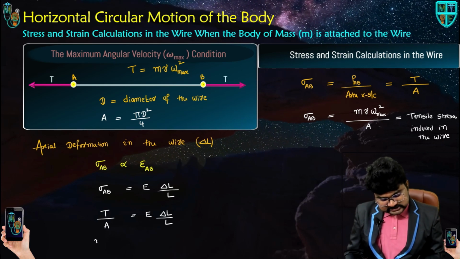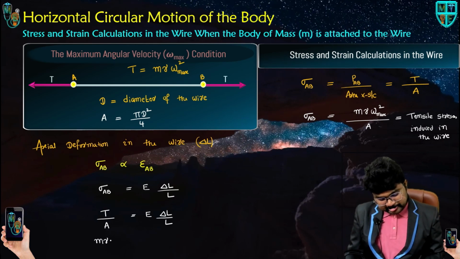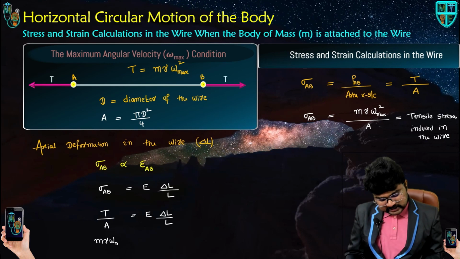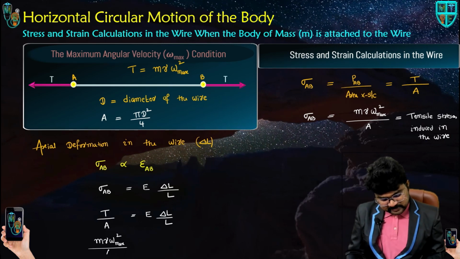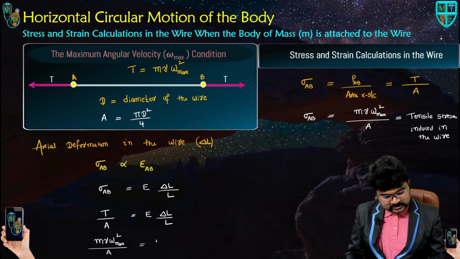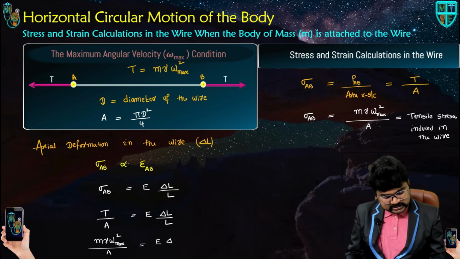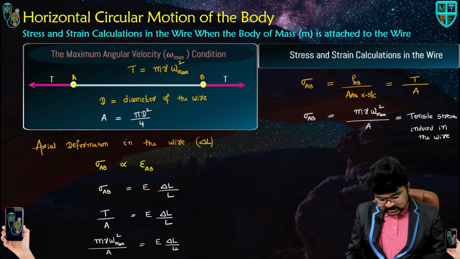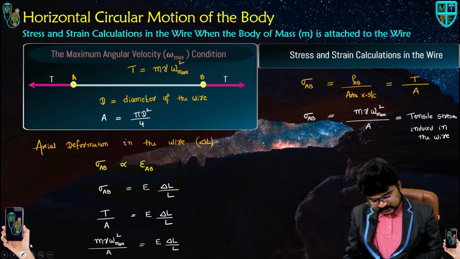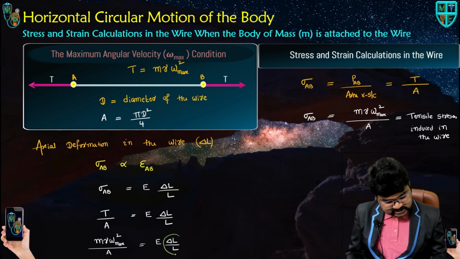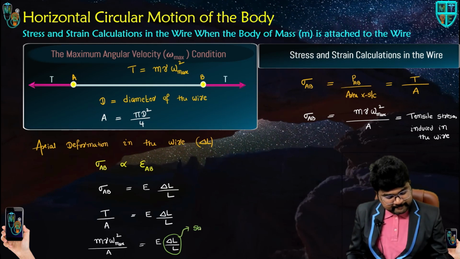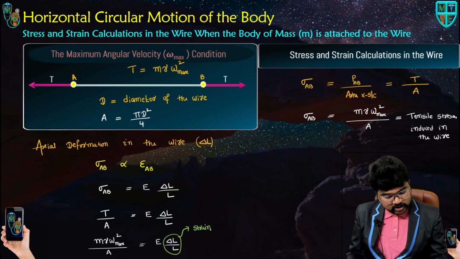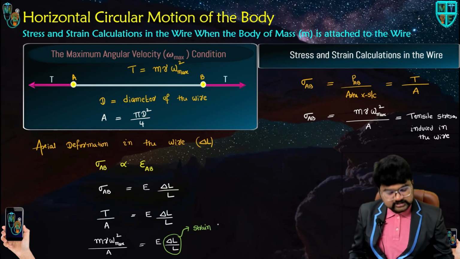So I can say m r omega maximum square by A equals E times delta L by L. This is the longitudinal strain in the wire.